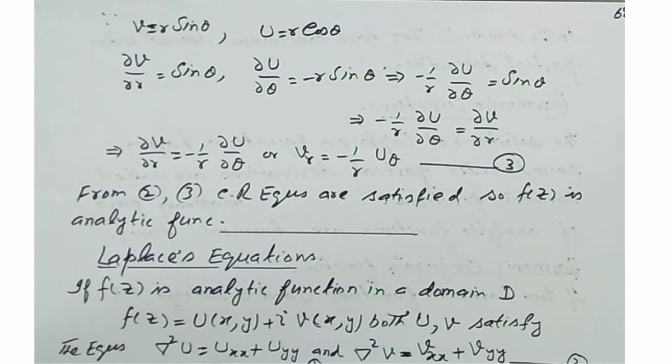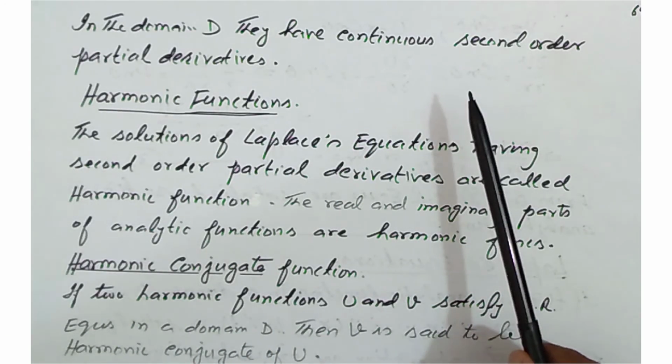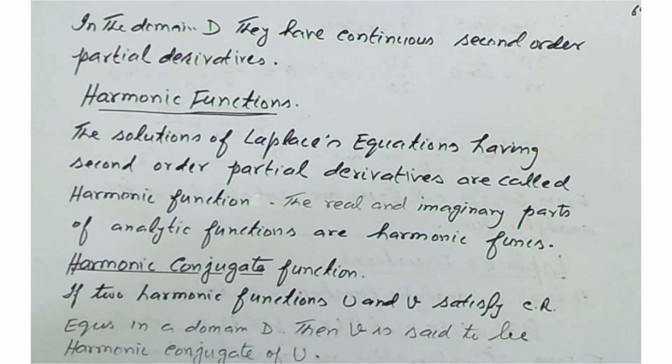So Laplacian of u equals u_xx plus u_yy, and Laplacian of v equals v_xx plus v_yy. This means differentiate v two times with respect to x and two times with respect to y. These are called the Laplace equations. In domain D, they have continuous second order partial derivatives.